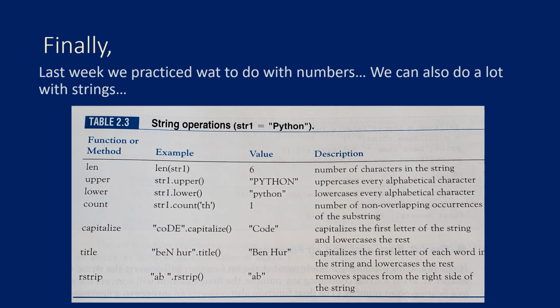So nothing goes in the parentheses of this. So upper is a method that is applied to the object of string data type. So the syntax is the name of the variable that is string data type, dot upper, open and close parentheses. And the outcome is going to give you a string all in caps.